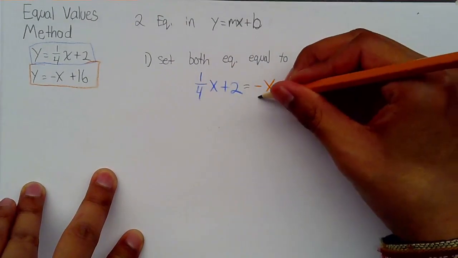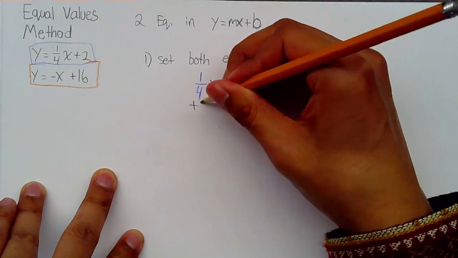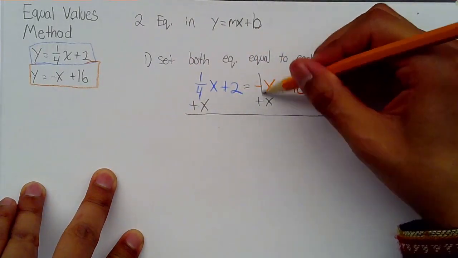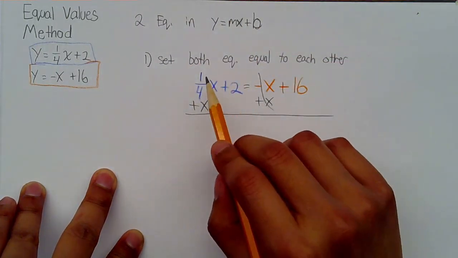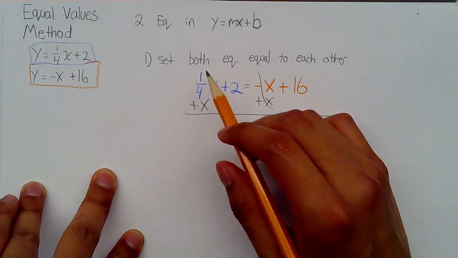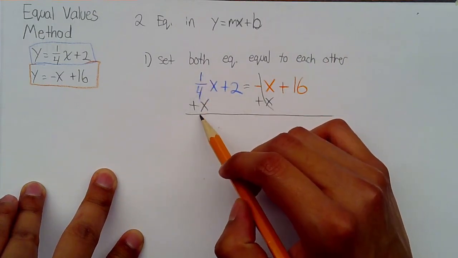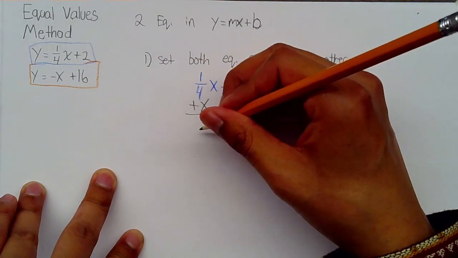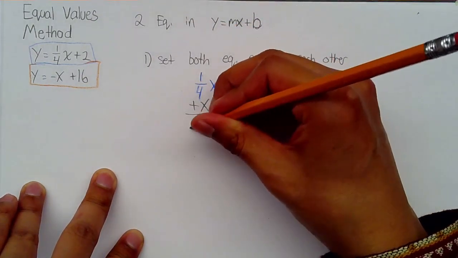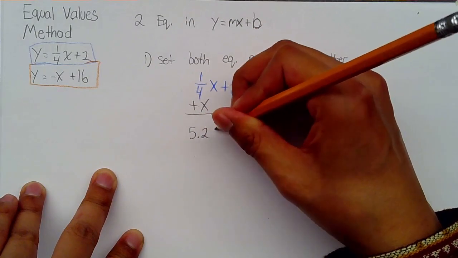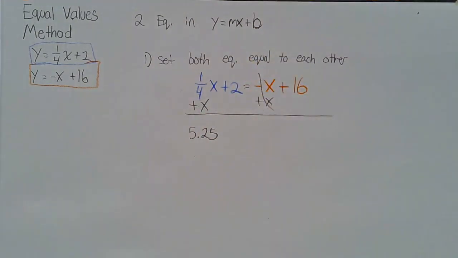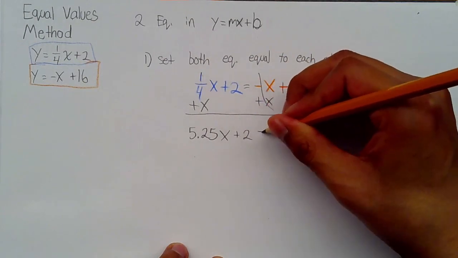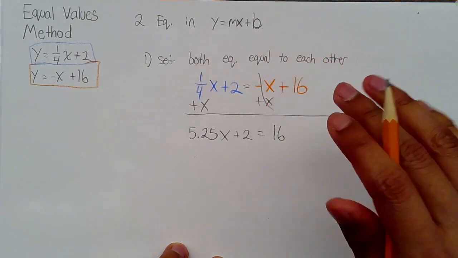So my first step is going to be adding x to both sides of these equations. We know this x will cancel out with that one over there. And then using your calculator or using your brain power, 1/4 x plus x is going to be 5.25 x plus 2 is equal to 16.